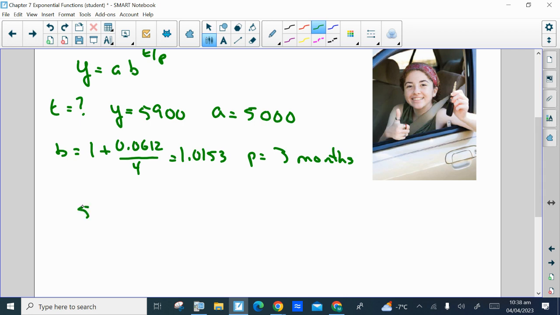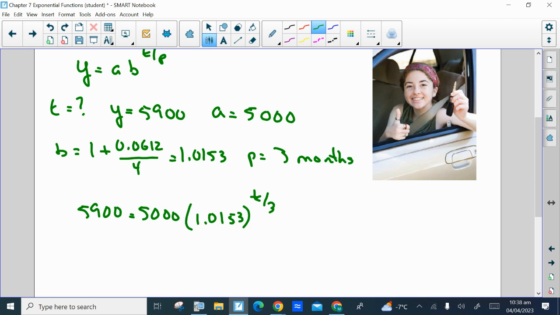The amount at the end, y, is 5,900, and that equals a, the initial amount of 5,000, times b, our base, which is 1.0153 to the power t over 3. And we need to solve for t, which we cannot do algebraically.